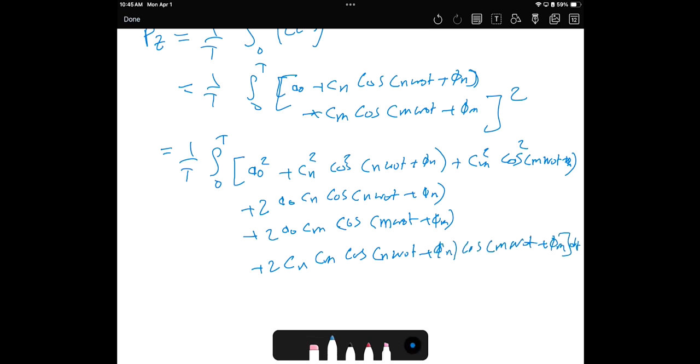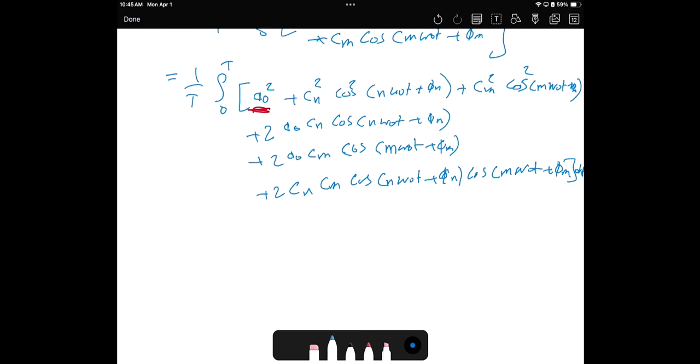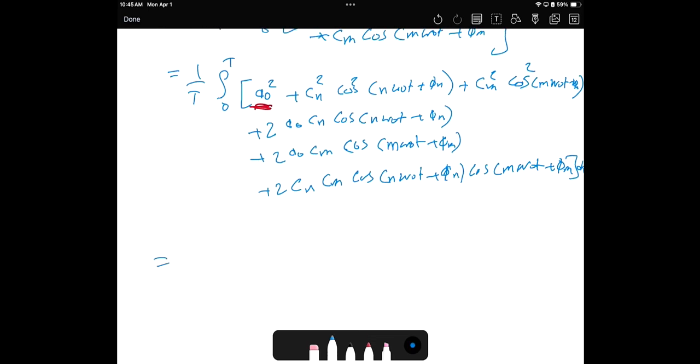Now we have a trigonometric calculation, so let's go term by term. The first term, a naught, is a constant. So the integral of that constant will be 1 over T of a squared T minus 0, which is a squared.